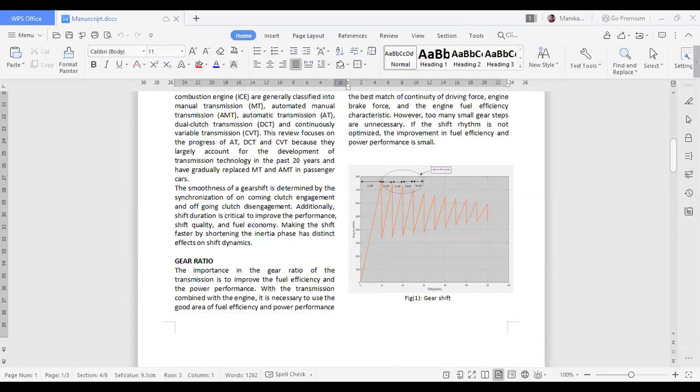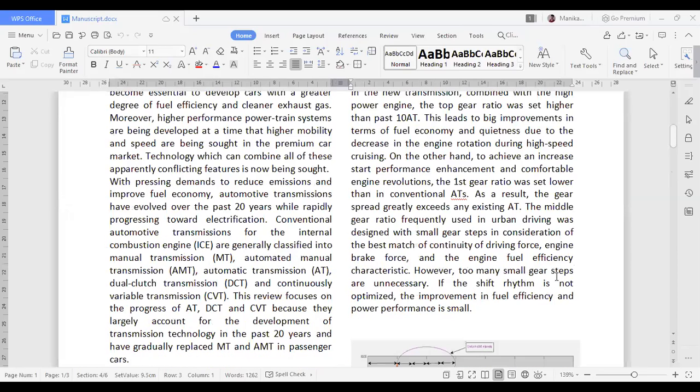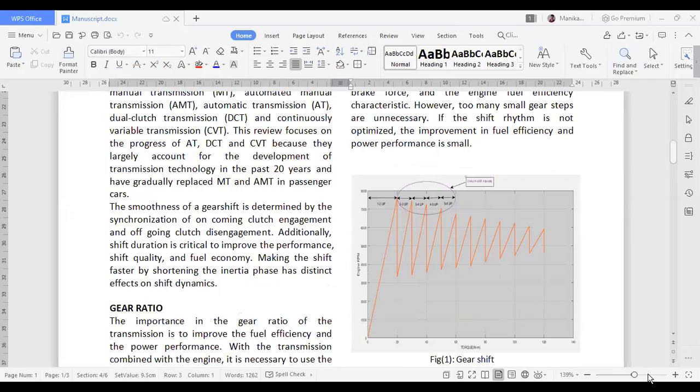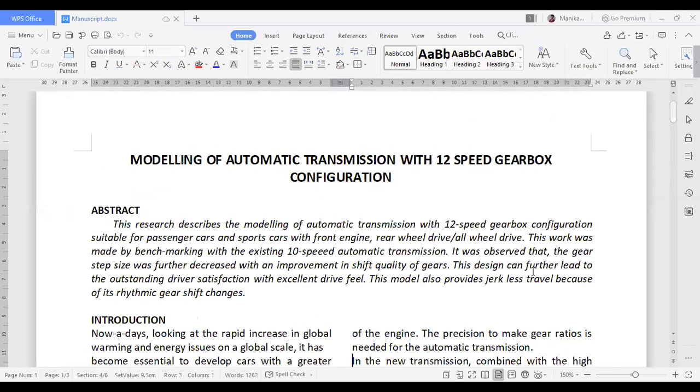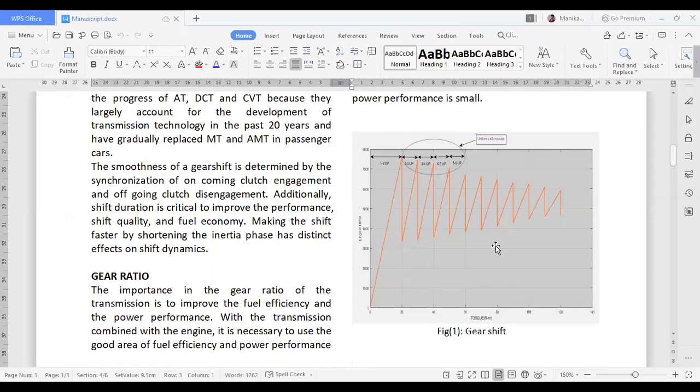The result I got in this method is that we got equal shift intervals between the gear shifts.